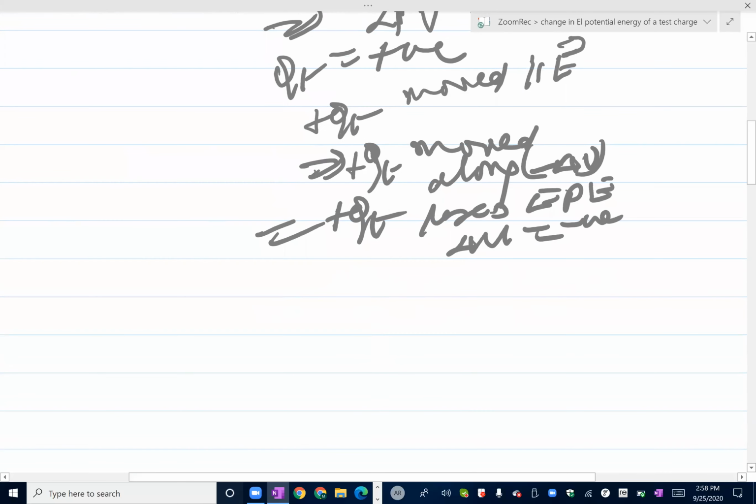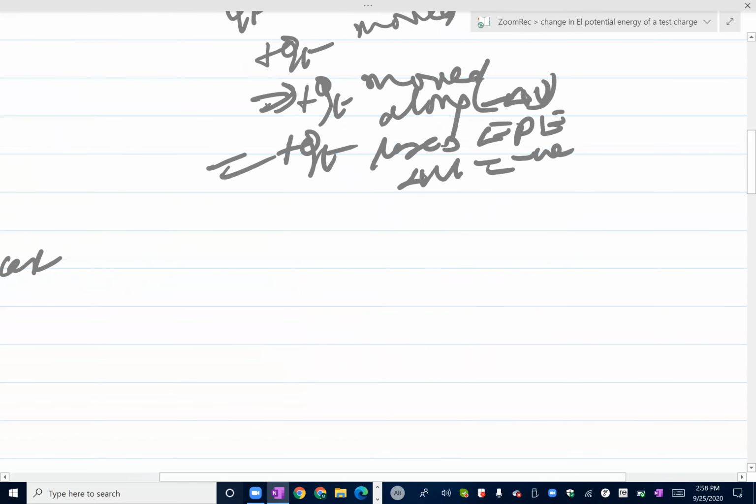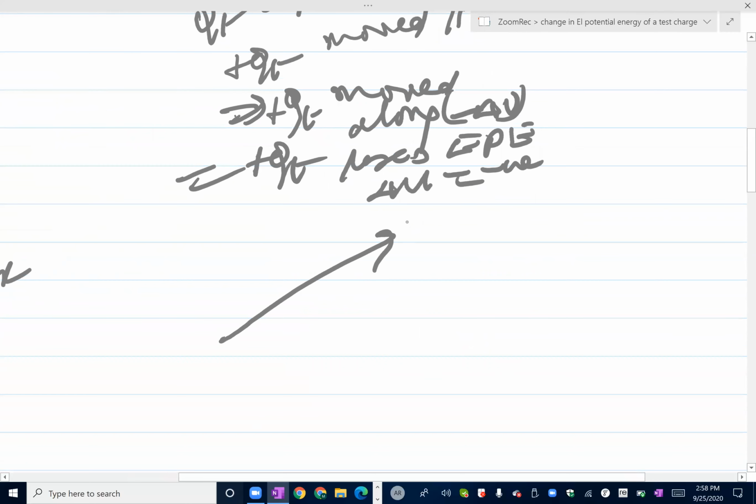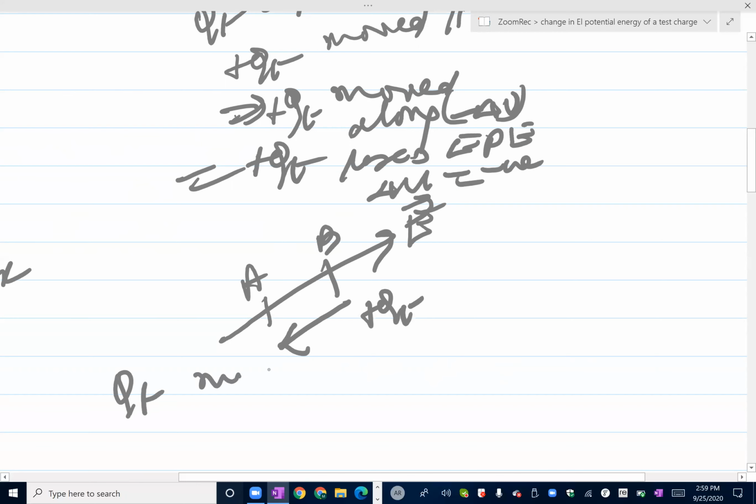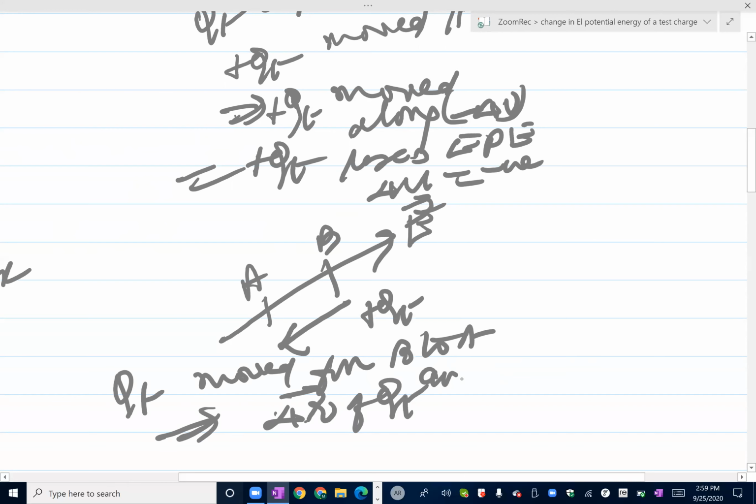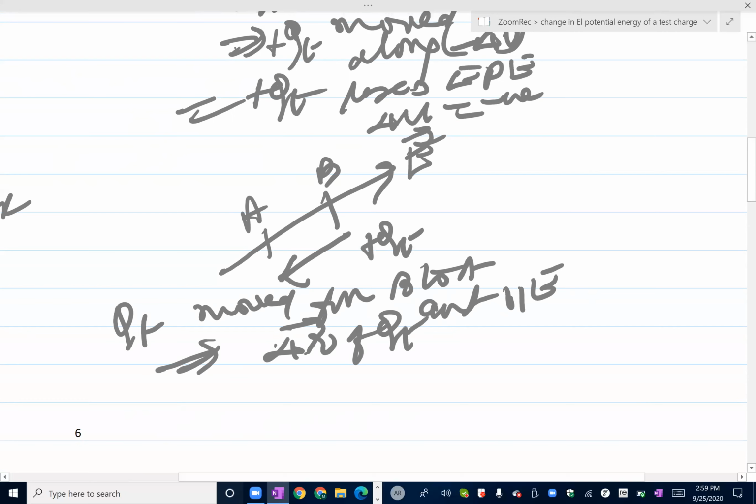Now coming to case 2. In case 2, I am going to take it anti-parallel to E. I'm sticking to the same E here. Instead of being carried from A to B, suppose I carry the same positive test charge from B to A. So QT moved from B to A implies delta R of QT is anti-parallel to E. Anti-parallel means it's going through a rising potential.